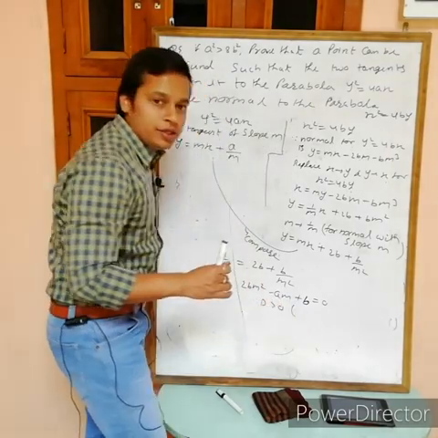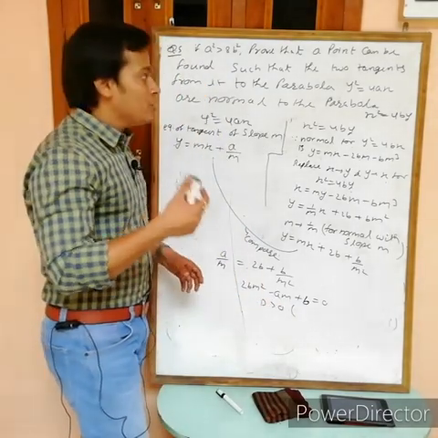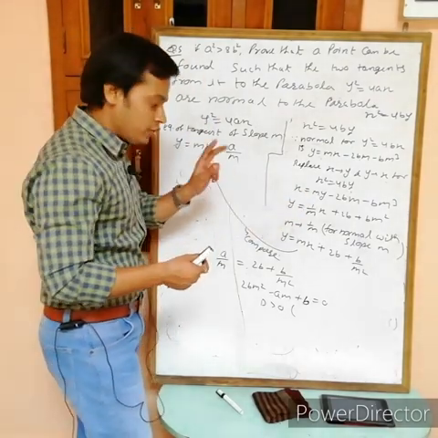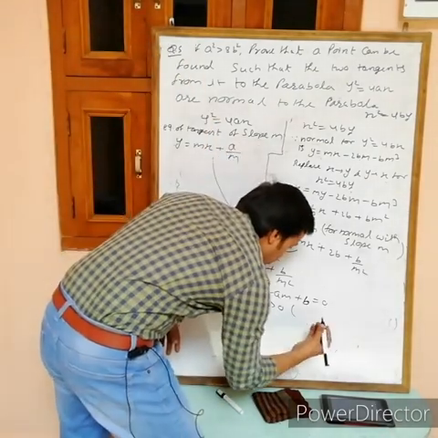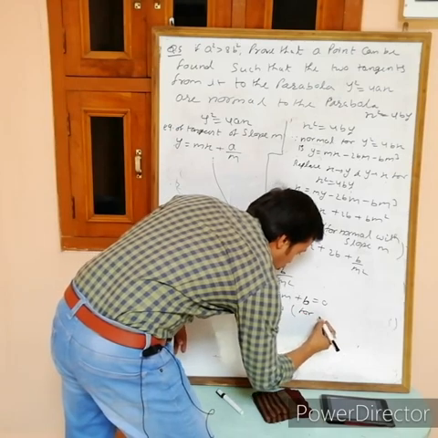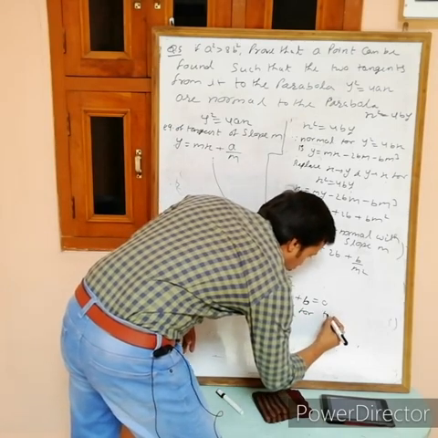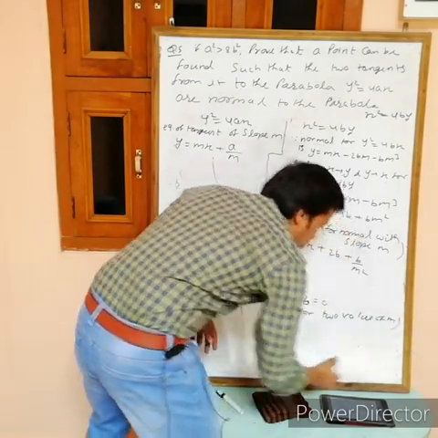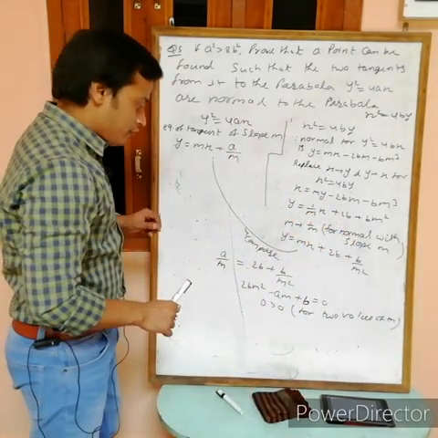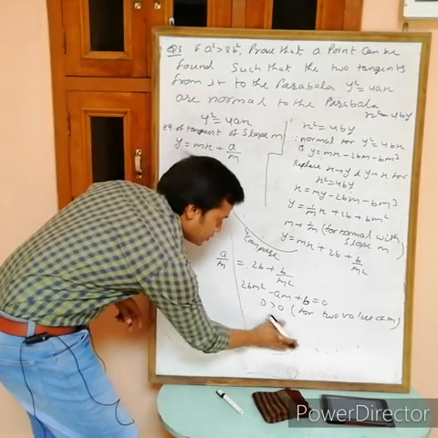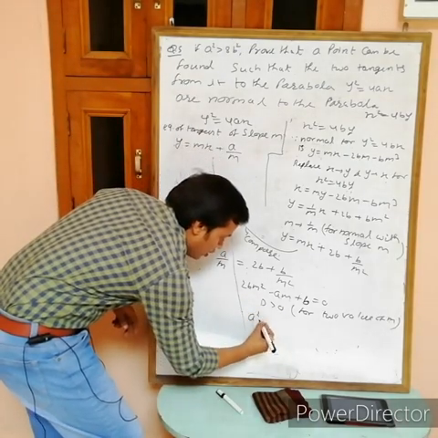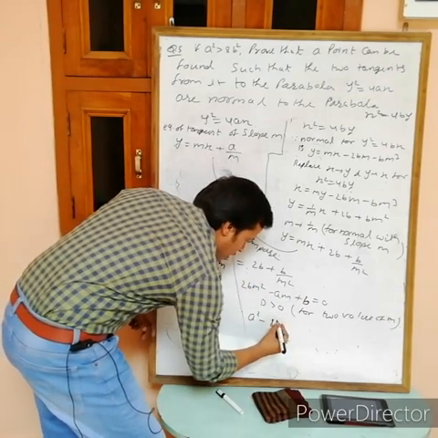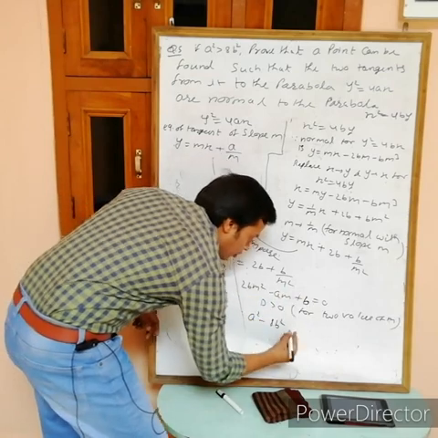Why am I using D greater than 0? Because we want two values of m, to prove the condition when two tangents become the normal for this one. So the condition D greater than 0, where D is b square minus 4ac: a square minus 4 into 2b into b, so 8b square, greater than 0.